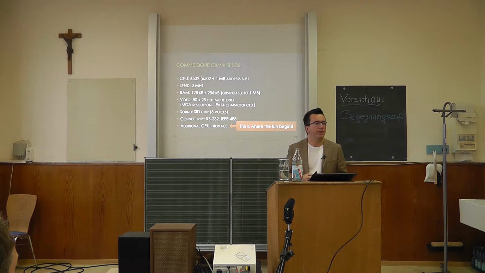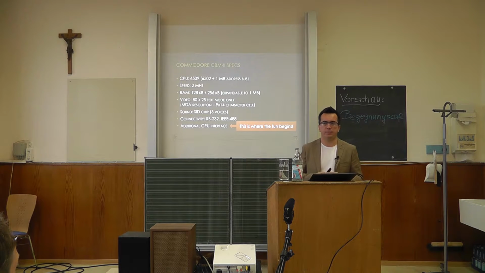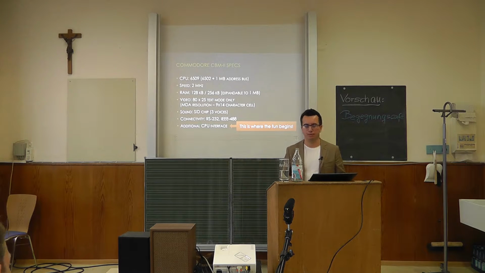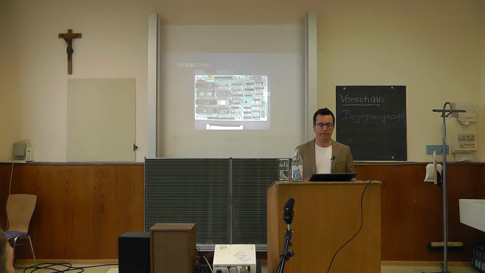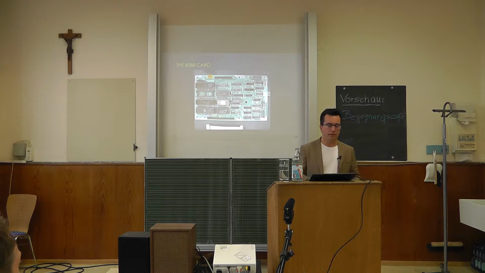You could really attach anything you want, at least as long as it doesn't overflow the bus with too big frequency. So this is where the computer really stands out. The Z80 card never made it into production, although we have the schematics, so maybe we can recreate it sometime in the future. But the 8088 processor card did, and this is how the card looks like. That's the original card made by Commodore.